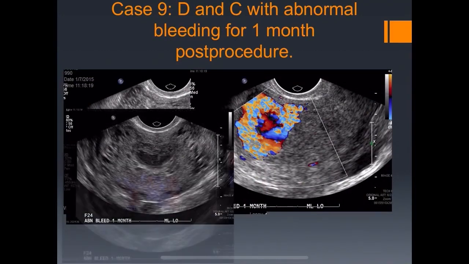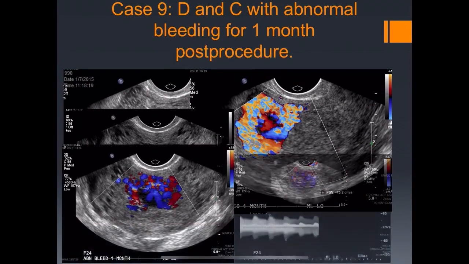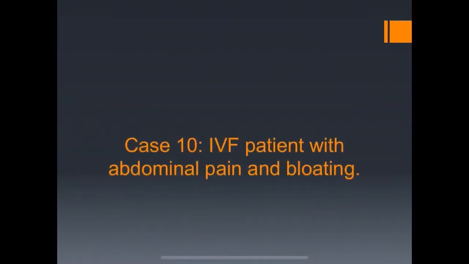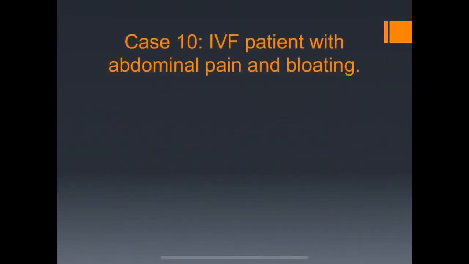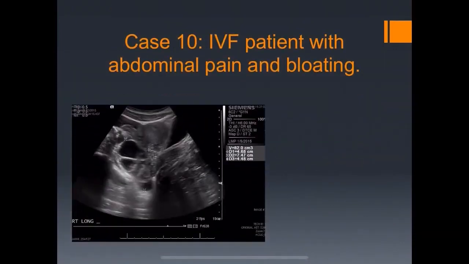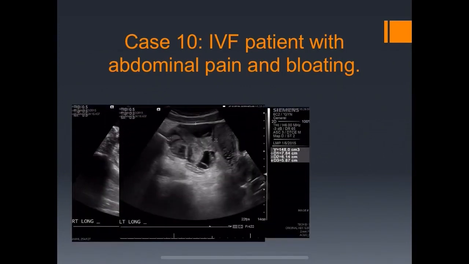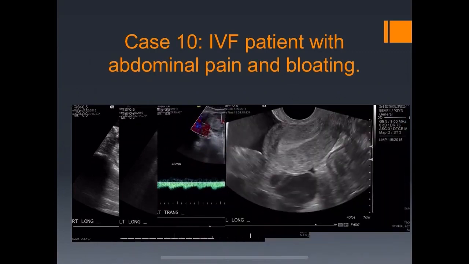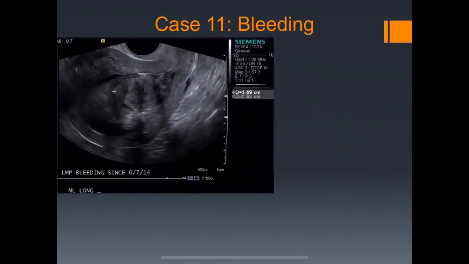Third image in transverse. And then there's the waveform. Next is an IVF patient with abdominal pain and bloating. So first image of the right adnexa, left adnexa, waveform, and then just a more global view down in the pelvis. And then case number 11, bleeding.